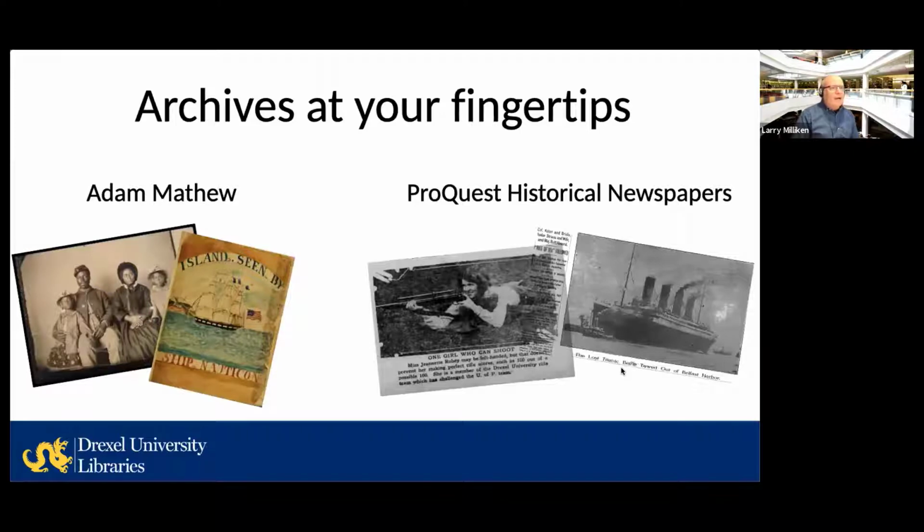Okay, so there are lots of different archives available, and other places where you can find primary source materials. You can find primary source documents in printed books, in library collections. You can also use the Drexel University archives. They are here and available for our students. Cities have archives.